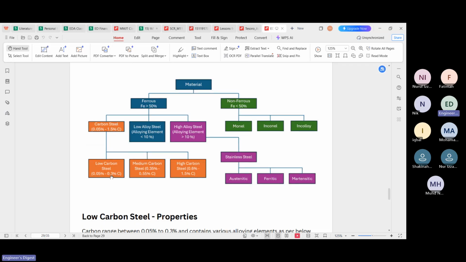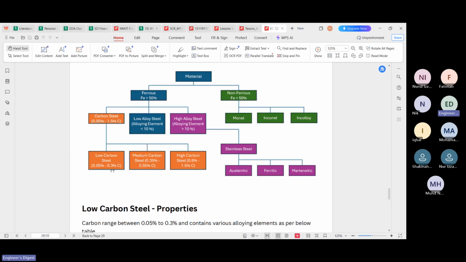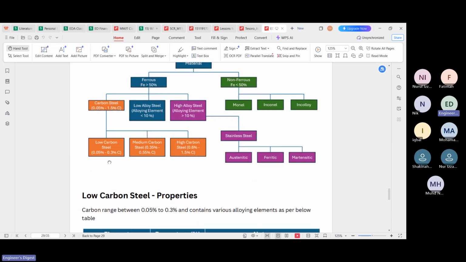If it's more than 0.3%, the material becomes very hard to weld. For pressure vessel you need to weld the long seam and short seam. So that's why we limit the carbon content for pressure vessel material to less than 0.3%. For Petronas, I think it's less than 0.24%.